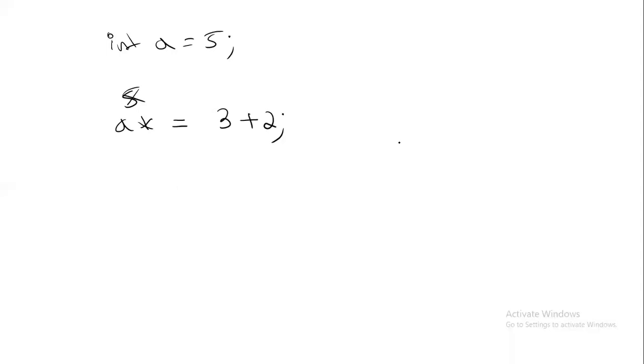So 17. Suraj is telling 17. Is there anyone telling another answer? Yes, very good. So all of you are telling 17, right? Because you know that this can be written as A equals A into 3 plus 2. Which means multiplication should happen first.